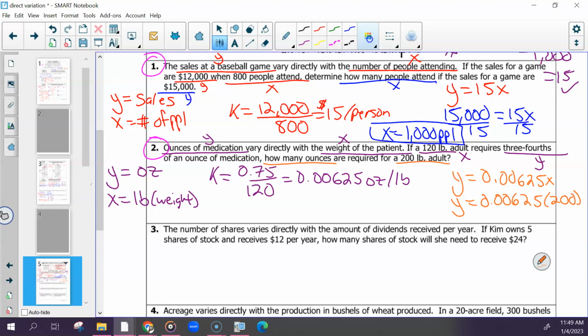Multiply that and figure out what y is. 1.25 what? Ounces. I would be terrified of that word. Imagine taking 1.25 pounds of medicine.